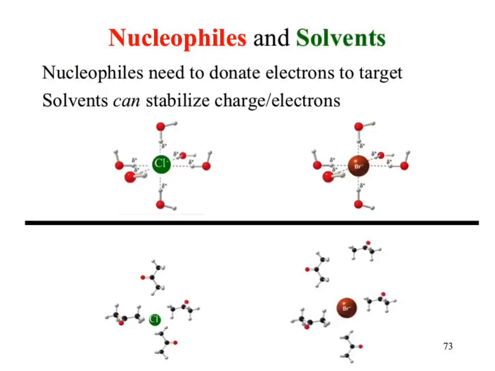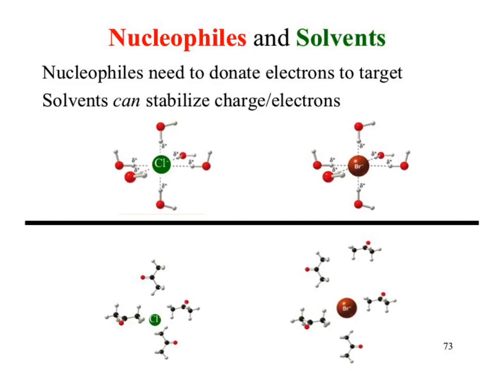Why bigger? In a protic environment, we're looking at a hydrogen bonding interaction. Which of these has a stronger hydrogen bonding interaction, chlorine or bromine? The hydrogen bonding interaction is due to what? A difference in electronegativity. Which of these is going to have a stronger interaction with water?